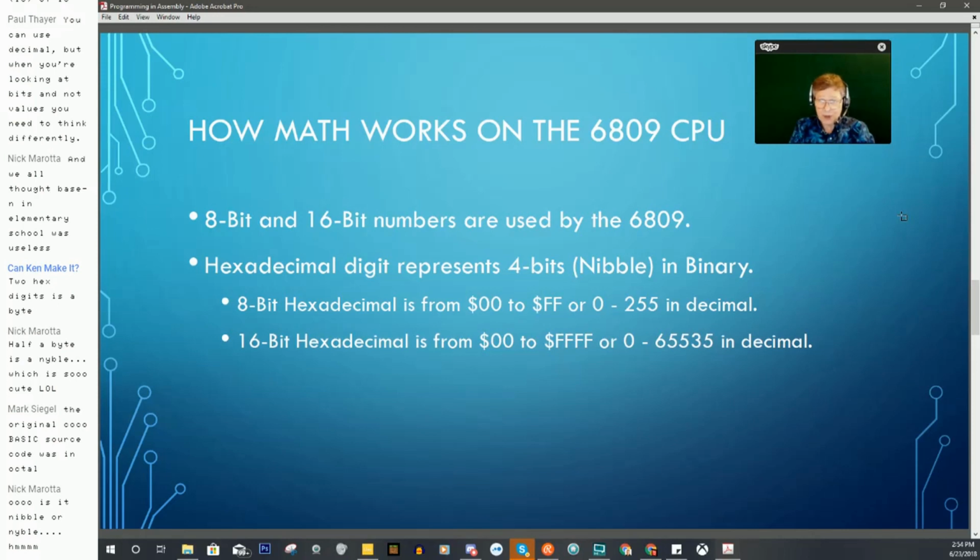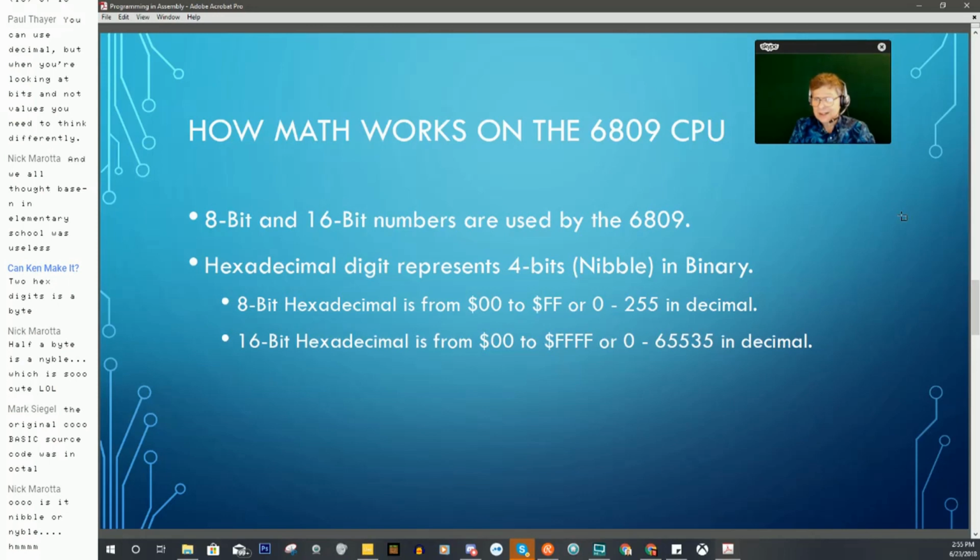It's always some number lower than that, because a memory cell can only hold numbers from 0 to 255. Now a 16-bit hexadecimal number can go from 0 to FFFF, which is also 0 to 65,535 in decimal. That is its limit range.